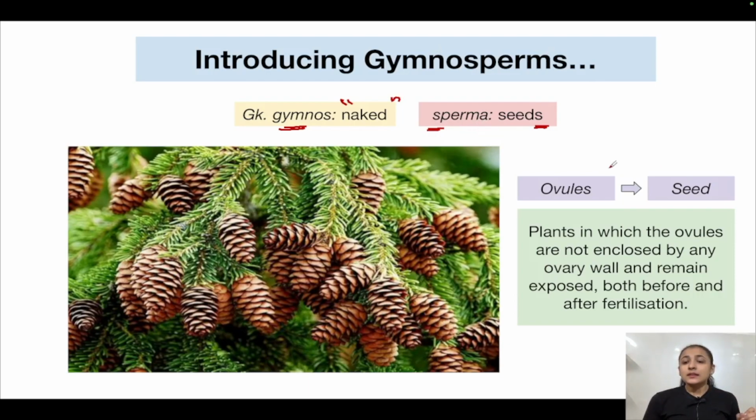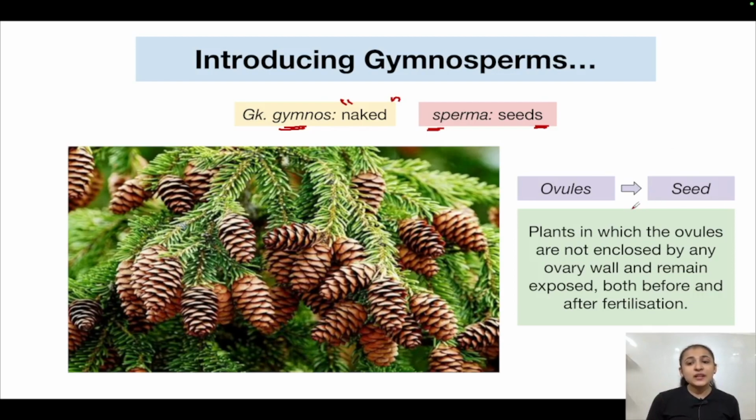The ovules in these plants, after fertilization has taken place, turn into seeds. The integuments, which are the covering of the ovule, harden and form the seed coat. So the ovules convert into seeds after fertilization.